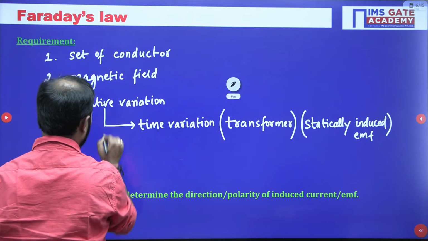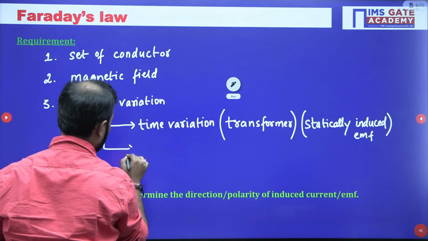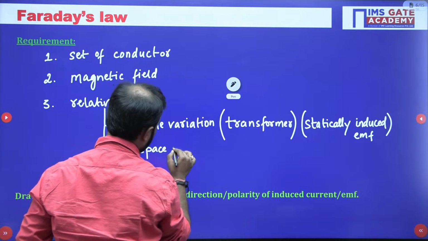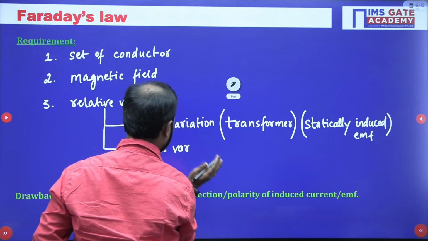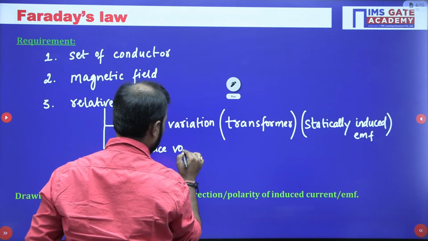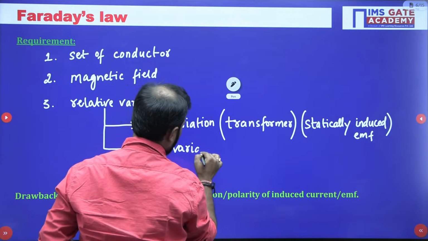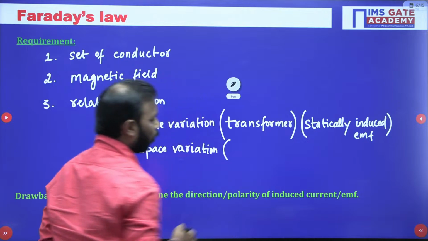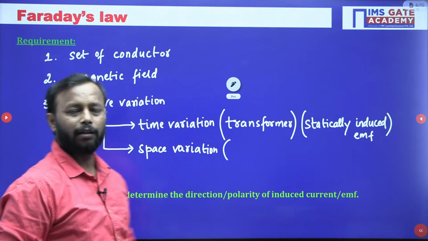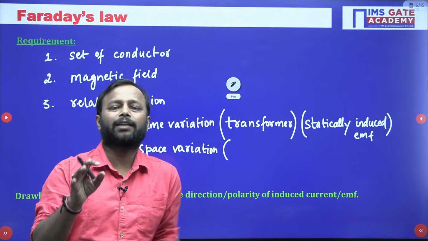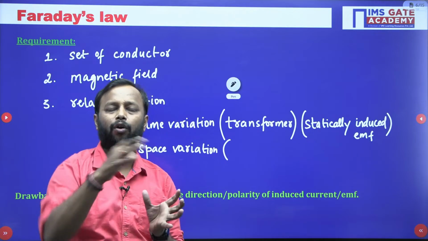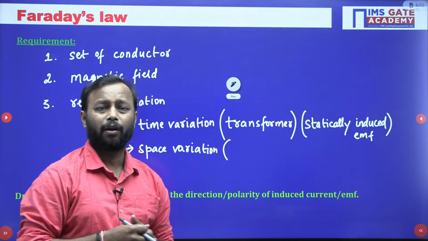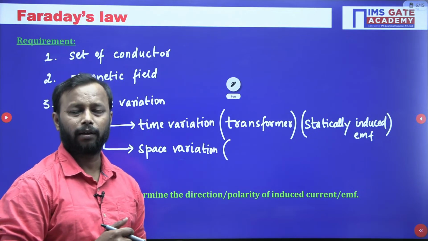And the second one is space variation. So what do you mean by this? Here the magnetic flux is basically constant, it is not changing with respect to time, but at the same time your conductor is moving, है ना?